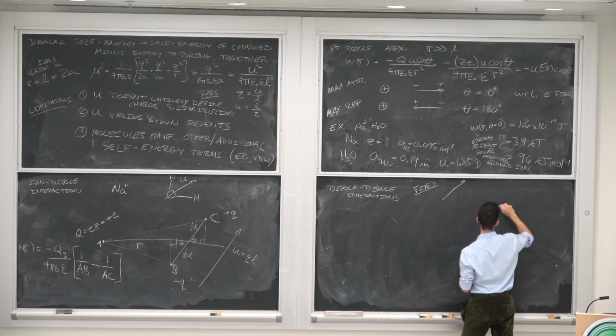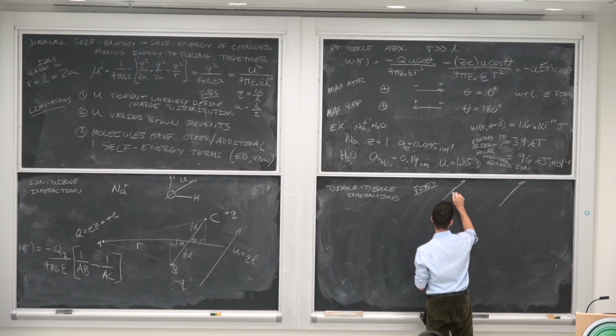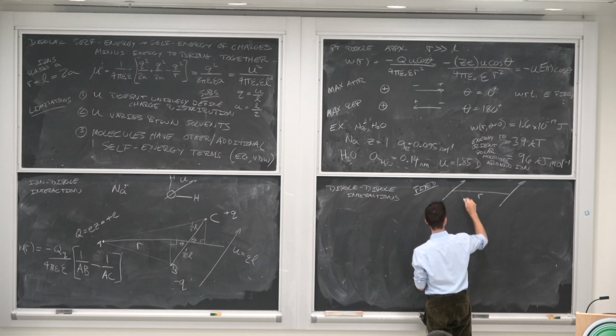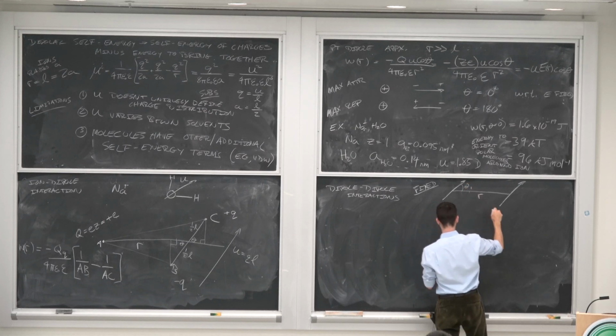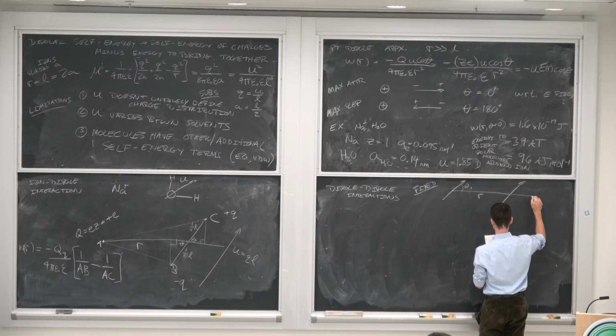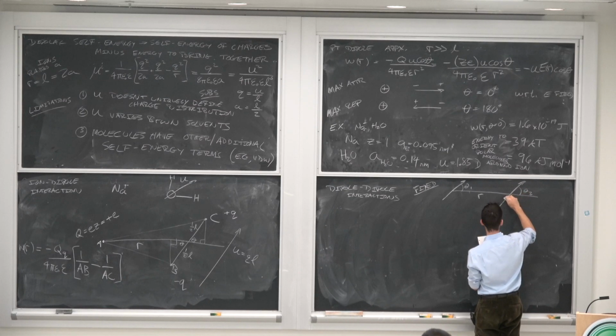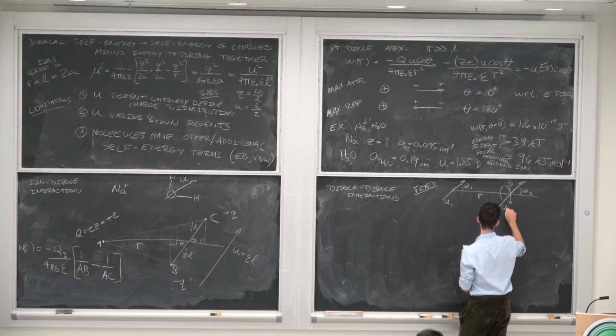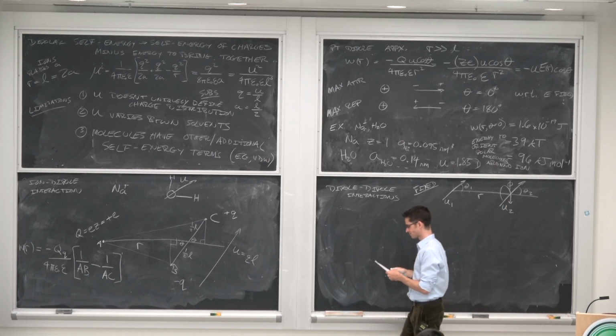So we have two fixed dipoles separated by distance r. And we have theta 1 and theta 2, but this dipole can also move about the intermolecular axis with angle phi. This is dipole U1, this is dipole U2.